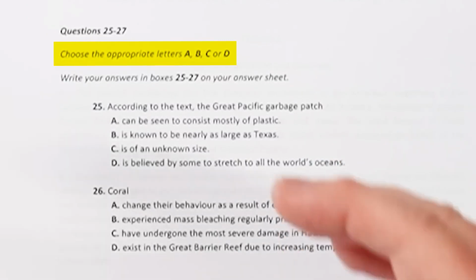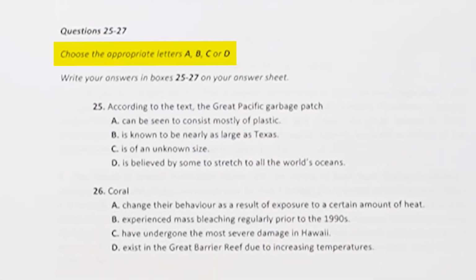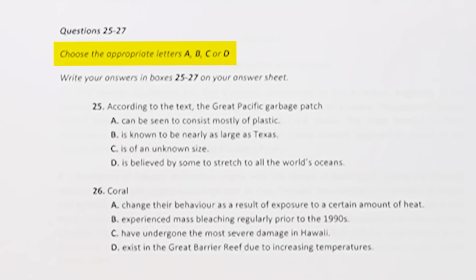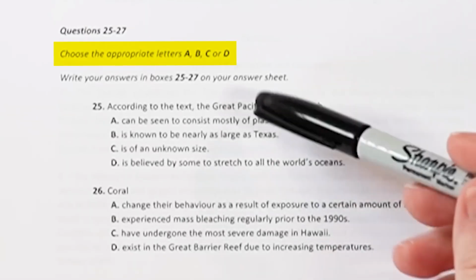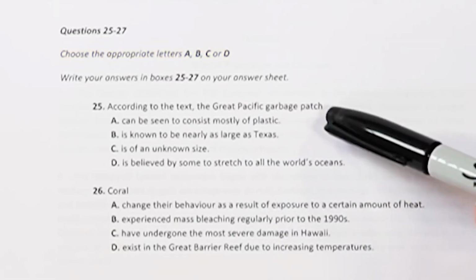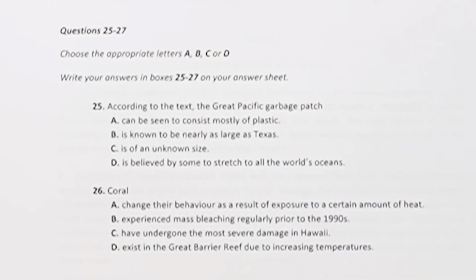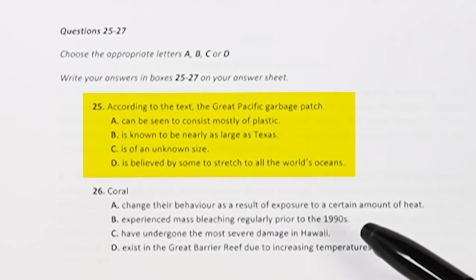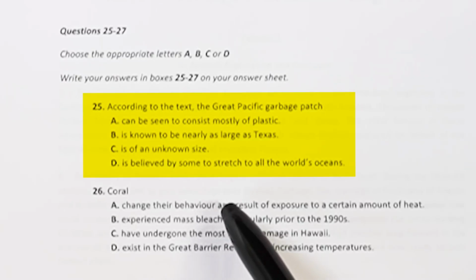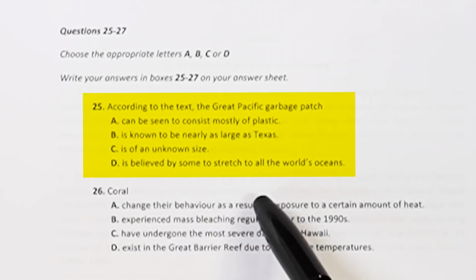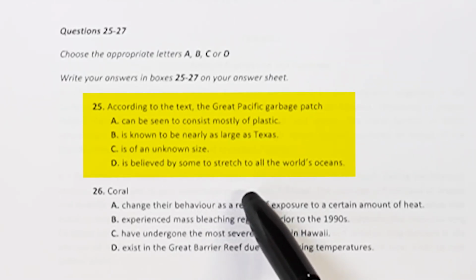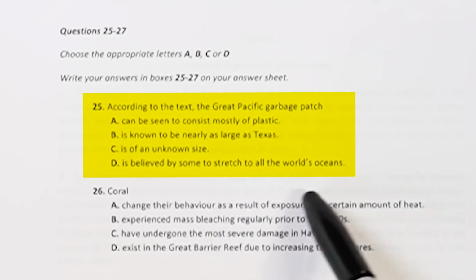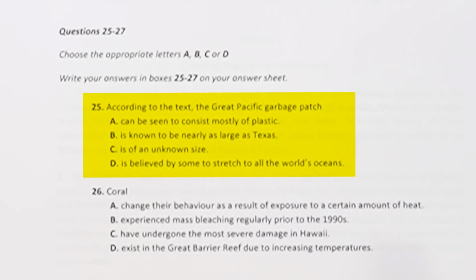First thing that we're going to do is read the question to understand the question. We cannot answer the question correctly if we do not understand it, and specifically understanding the difference between the four options, or if there's three options, the three options. According to the text, the Great Pacific Garbage Patch can be seen to consist mostly of plastic, is known to be nearly as large as Texas, is of unknown size, is believed by some to stretch to all the world's oceans.